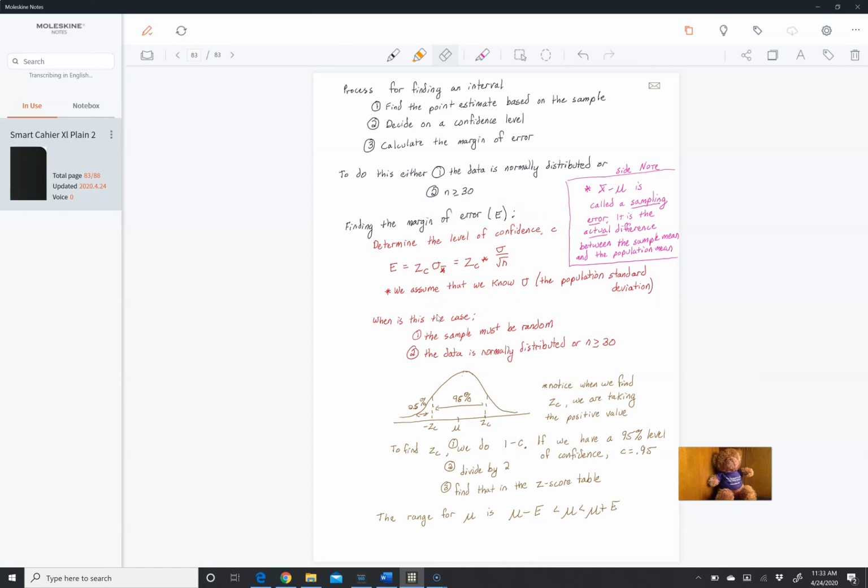So let's do this. Let's find an actual margin of error.